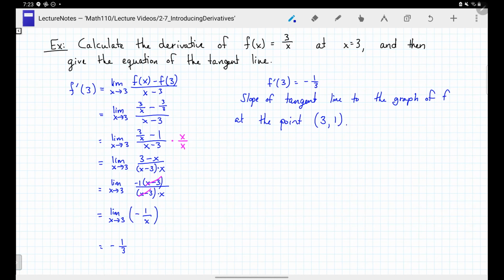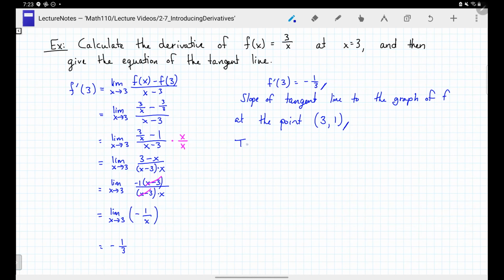And so the thing we're supposed to do is give the equation of the tangent line. So we have the slope is -1/3, and it passes through the point 3, 1.